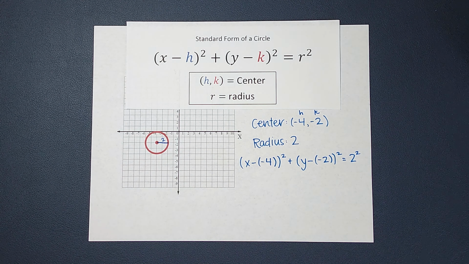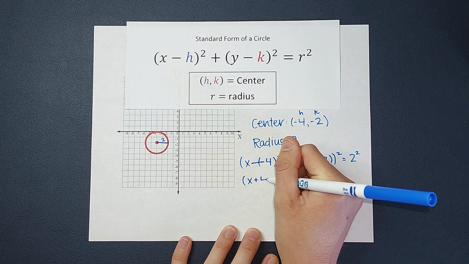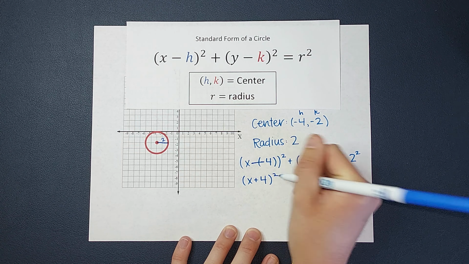Now let's make this a little less parentheses. When I subtract a negative, it goes positive. When you take something negative away from your life, that's positive. So we're going to rewrite this as (x plus 4) squared.